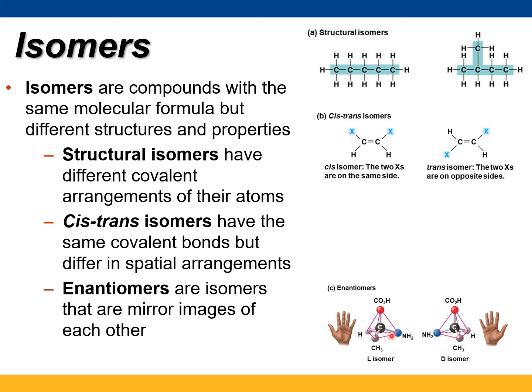You see that the nitrogen, the amine group, is sticking out. Notice, and they don't do a very good job of it here, but they are mirror images of each other. Okay? So just like your hands can't superimpose if they're faced the same way.